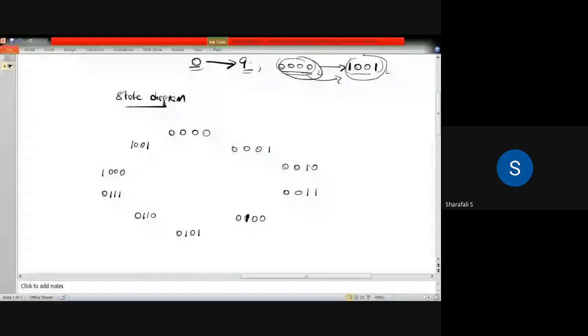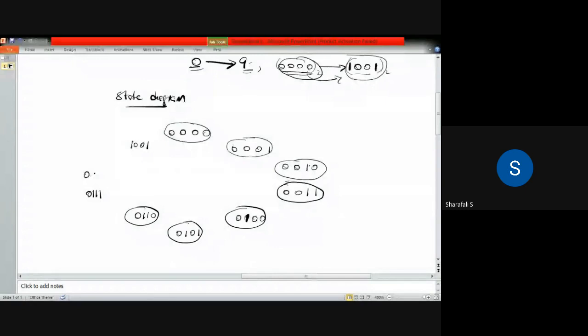You can draw it in a better way, no problem with that.